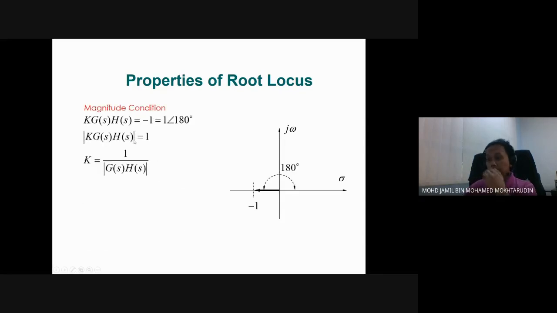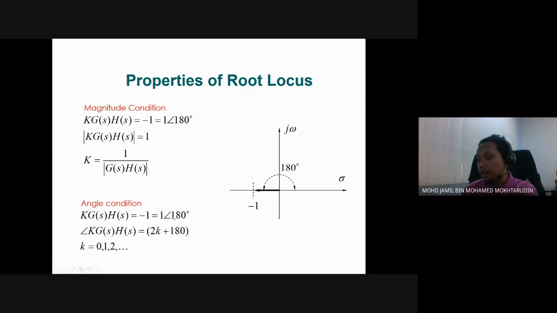The magnitude of the transfer function just now must equal 1. To find the value of K, you simply rearrange: K equals 1 divided by the magnitude of transfer function G times transfer function H. This is how you find the value of K. Then the angle condition: the angle is always 180 degrees.